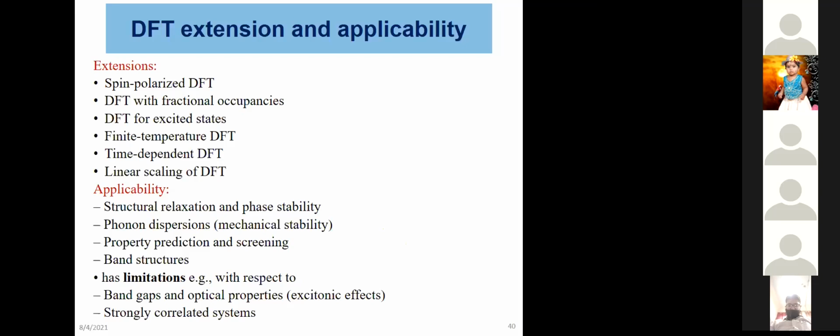And in terms of density functional theory, where we had n of r, that is density of r, that is for one spin, so we will have another part in the density for the other spin channel, one for spin up and one for spin down. Also, we can have DFT for fractional occupancies, just like we do smearing for solving this metallic system.